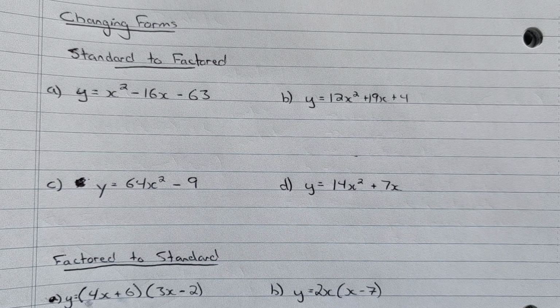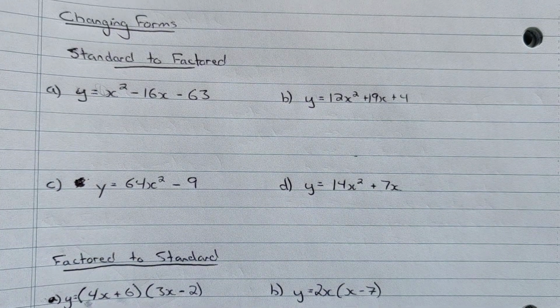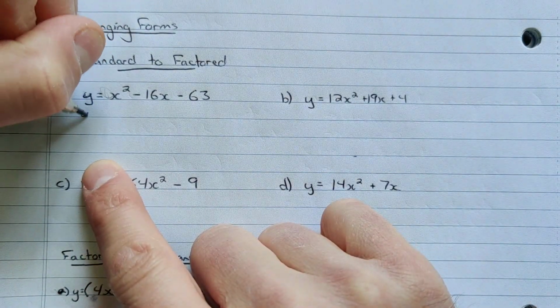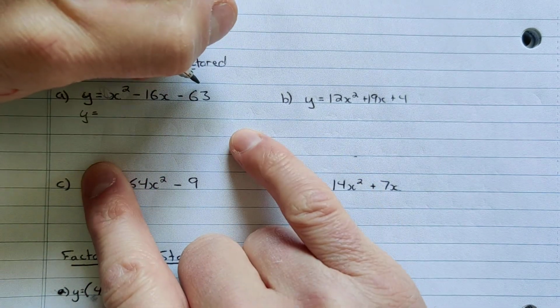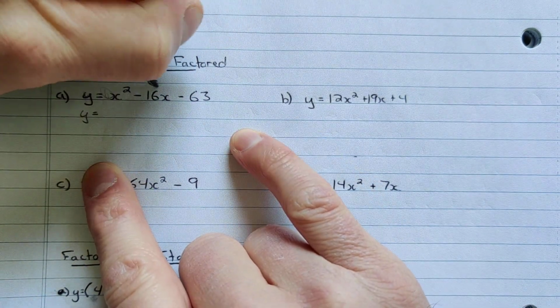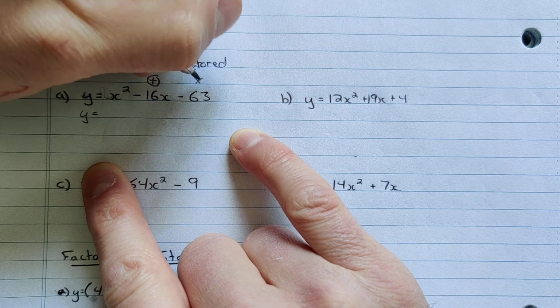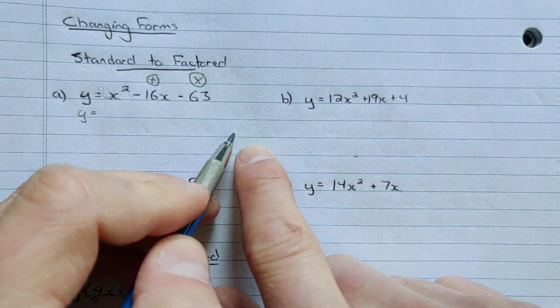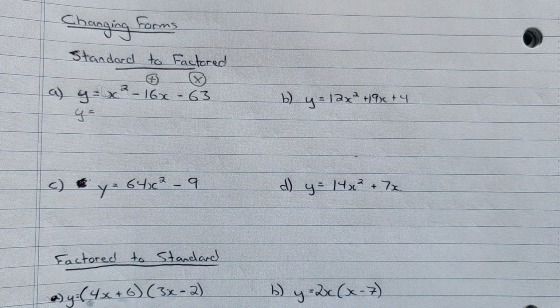We do this by using the factoring of a simple trinomial. This is a simple trinomial because there's no number in front of the x squared. So we look for two numbers that add to negative 16 and multiply to negative 63. Again, you can make a list of numbers along the side of your page beside the question.